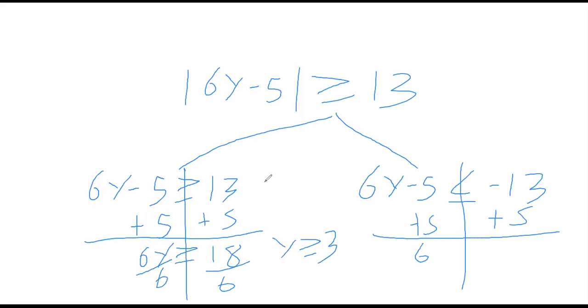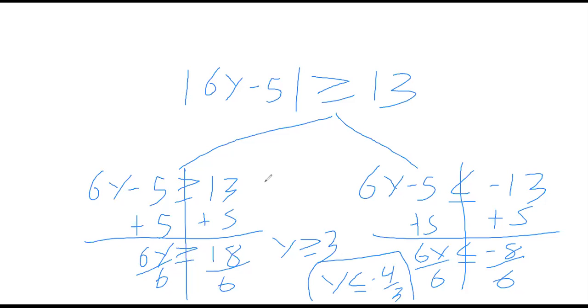This is 6y and negative 8. And we divide both sides by 6. And y should be less than or equal to negative 4/3. So all we're doing is just simplifying that.